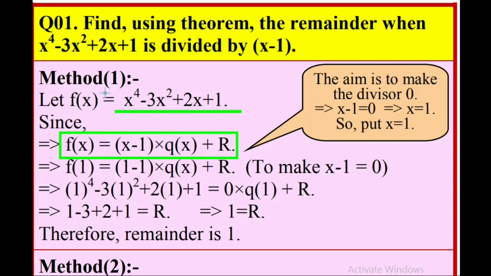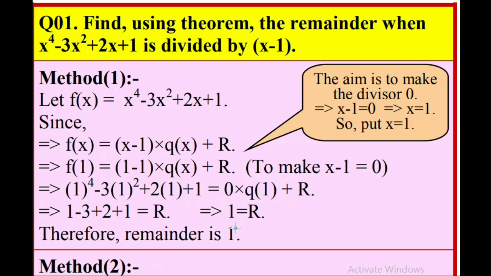Now what we do, we try to make x minus 1 zero, and for that the value of x has to be 1. It means in this complete equation we replace x with 1, and we see what we get.